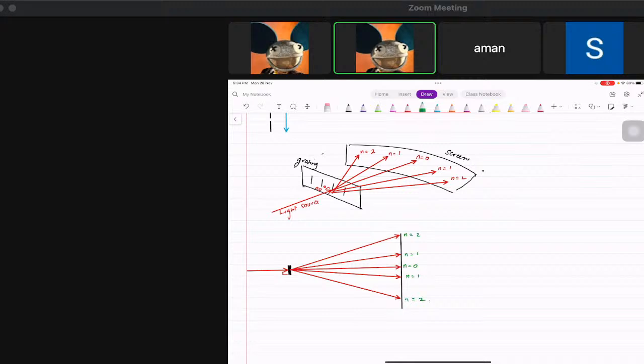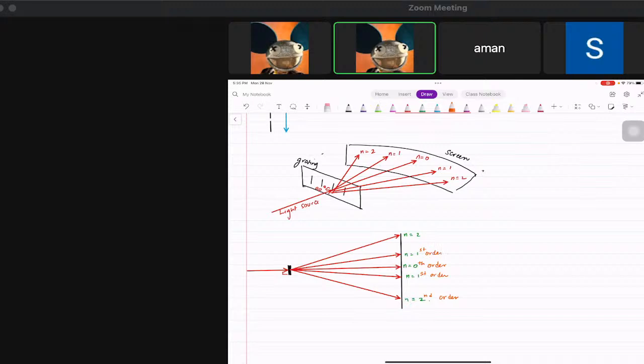Okay. Now, what you see right now are the number of orders. This is the zeroth order. This is the first order. This is the second order. And same goes for the other side.